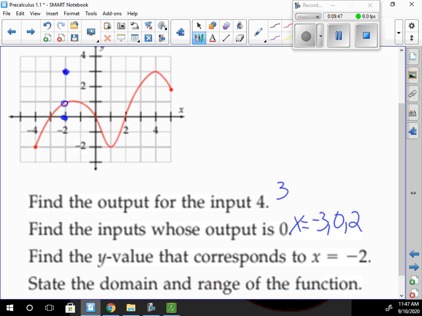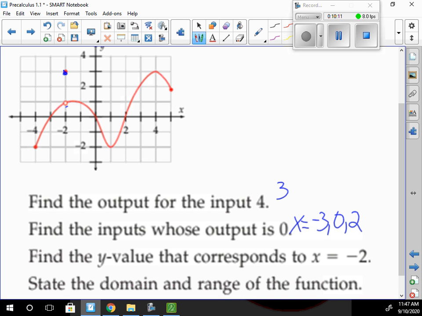An open circle means that it does not include this point. So my output when x is negative 2 is where my dot was up above. The open circle says it's not here. It's not in this spot. So it's up here. That's called a hole in the graph.